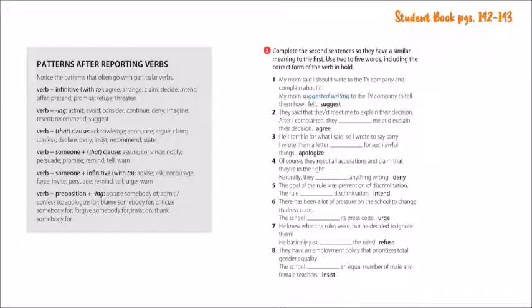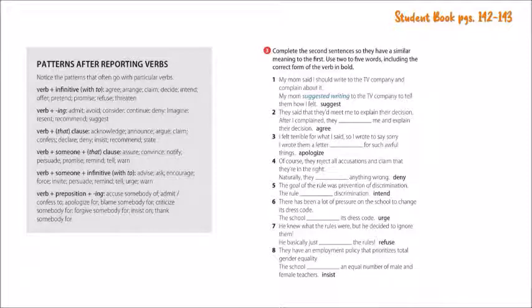At the very bottom of page 142, we have this grammar reference, and it says patterns after reporting verbs. Notice the patterns that often go with particular verbs. The first one we have is verb plus infinitive with to. So guys, it is important that we know which verbs go with which rule.